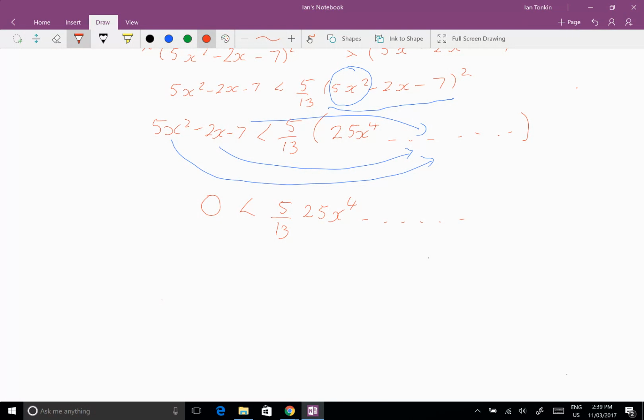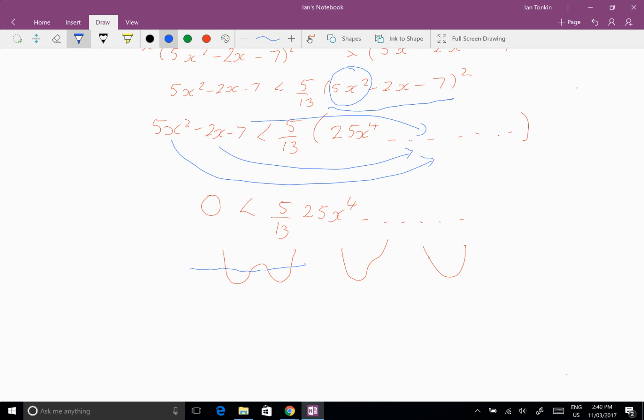Now, a positive quartic can look like this. It could look like this. It could look like this, which means it could have a number of possible roots. It could have one root. It could have 4 roots.